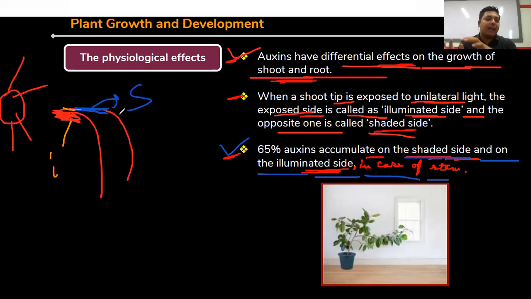And these auxins are pushing the plant head towards the light. Clear? Towards the light. So in the case of auxin, the tip of the plant is bending towards the light.